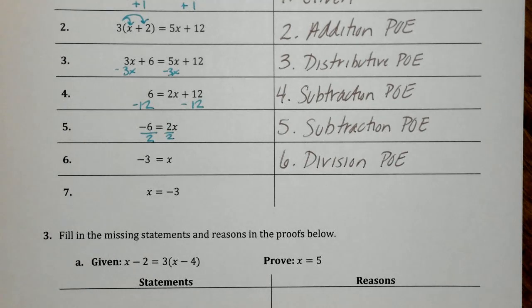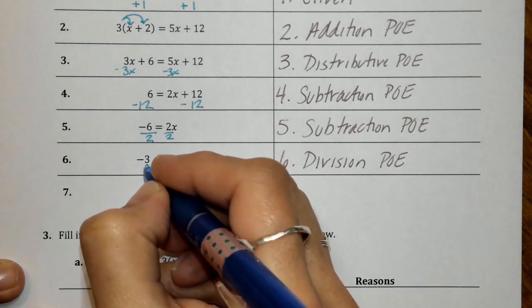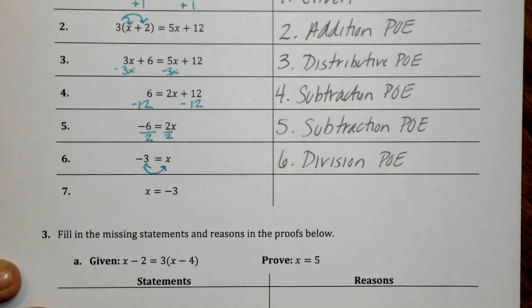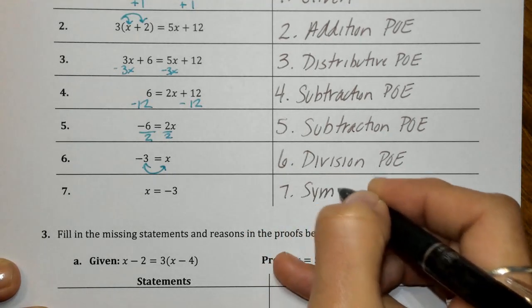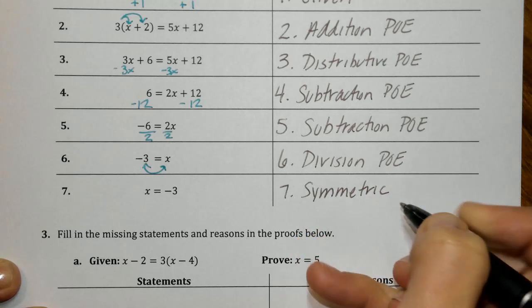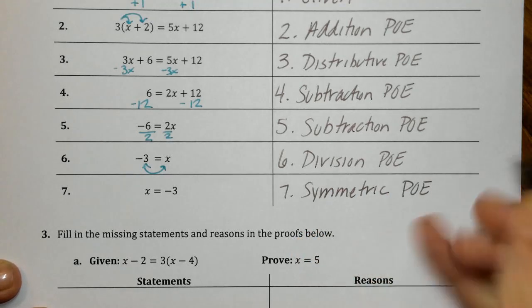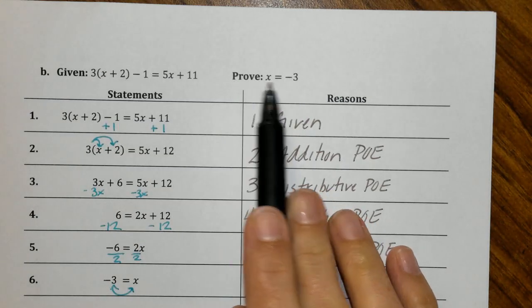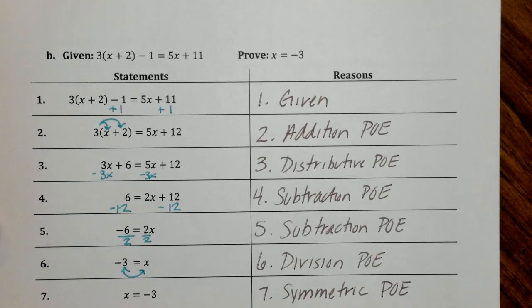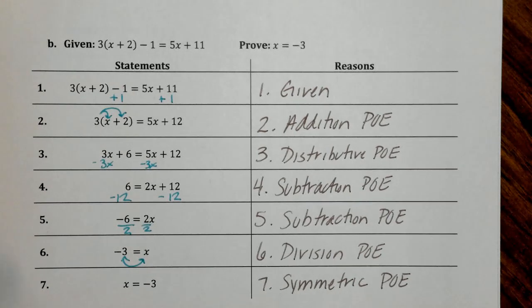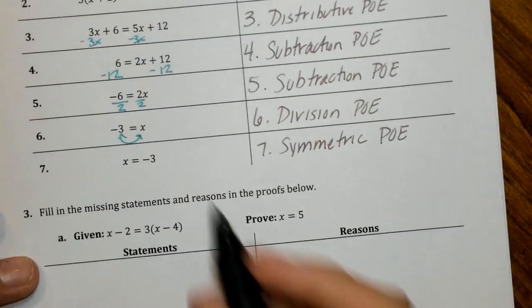Lastly, what they decided to do, they decided to switch these. Switch: symmetric. So number 7, symmetric. I need to give you a forewarning. Even though we are proving x equals -3, you will never, ever, ever write the word prove under a reason.